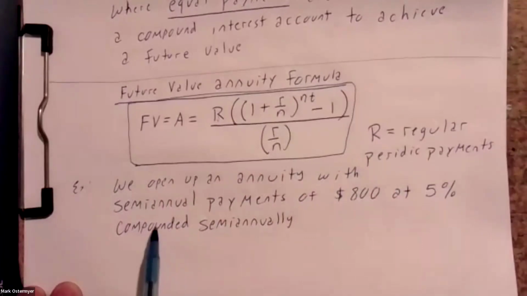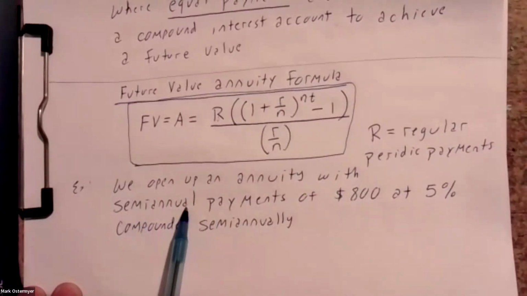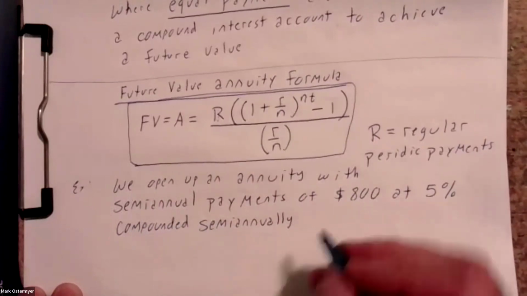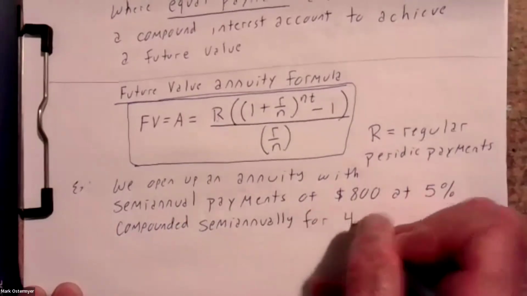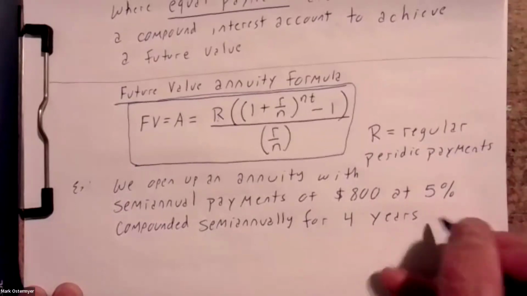So, ladies and gentlemen, when you do an annuity problem, the frequency of your payments is always going to be equal to the frequency of compounding, okay? For 4 years. So here's a classic problem here that involves an annuity.